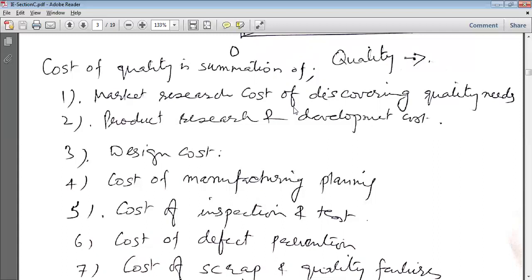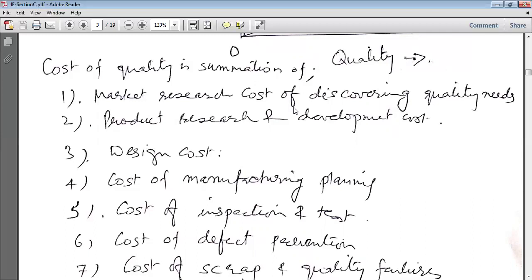Then we survey the market and give a questionnaire to the relevant customers. They fill up the questionnaire and tell what features they need in their new automobile. So this is the market research.